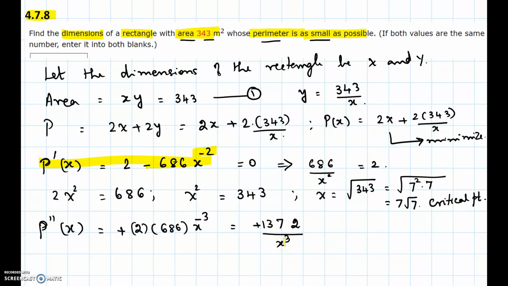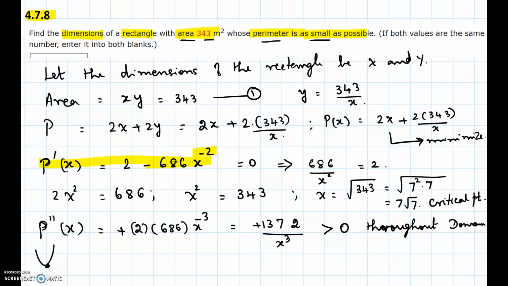X in the context of the problem is the dimension of the rectangle, so it can never be 0 or negative. So it is 1372 over x cube. So it has to be positive for every value of x, or throughout the domain. Which is concave upward. The graph of p of x is going to be concave upward. And then at this point there is a local minimum.